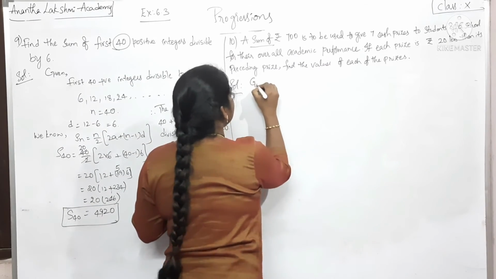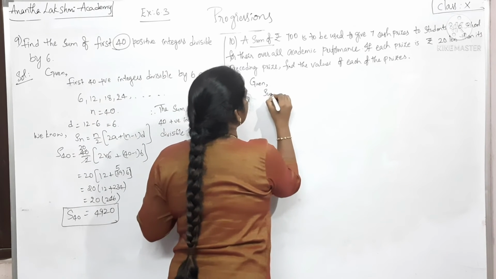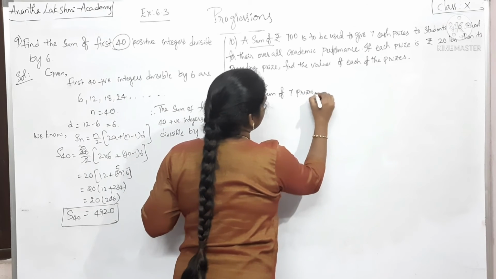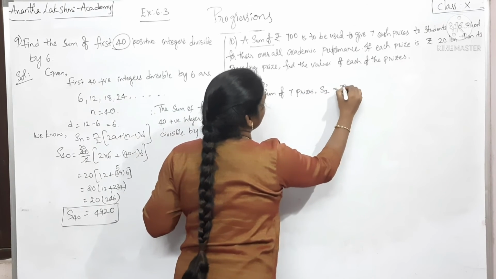Given, the sum of 7 prizes S7 is equal to 700.